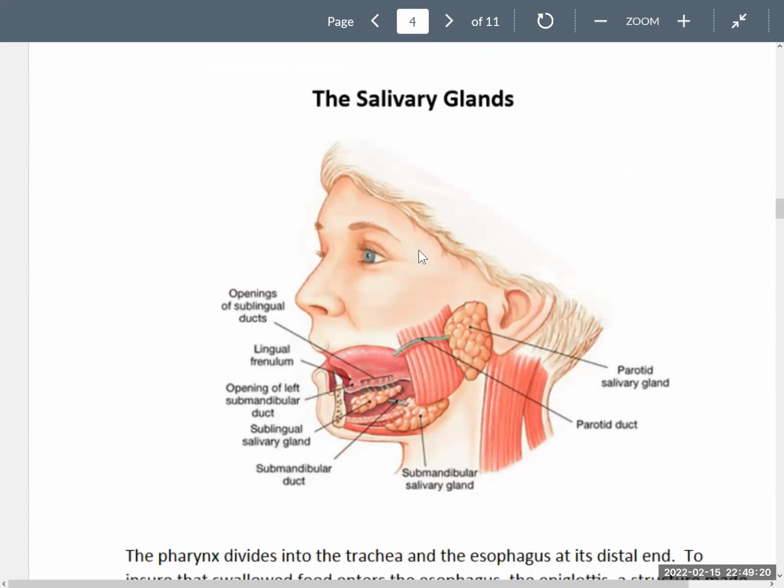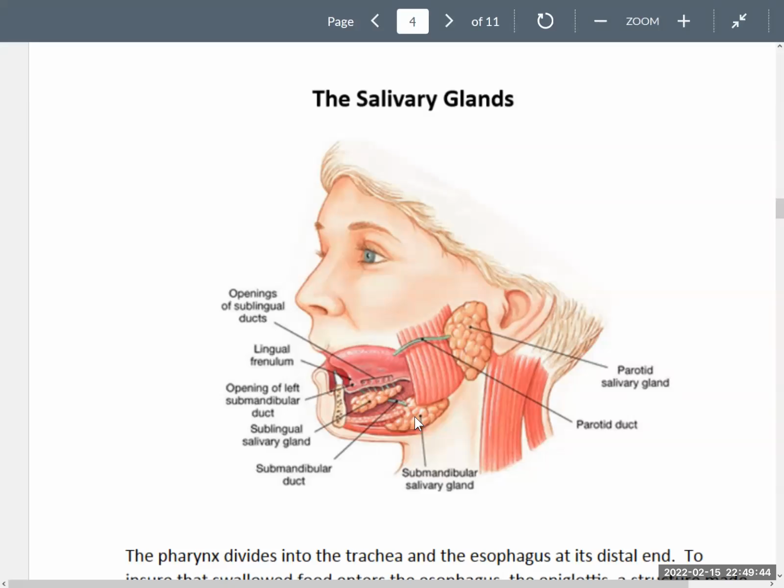Okay, here are the salivary glands. The parotid gland is right in front of your ear. The salivary amylase is drained by this duct. This is the parotid duct, also known as Stenson's duct. Here's the submandibular gland.